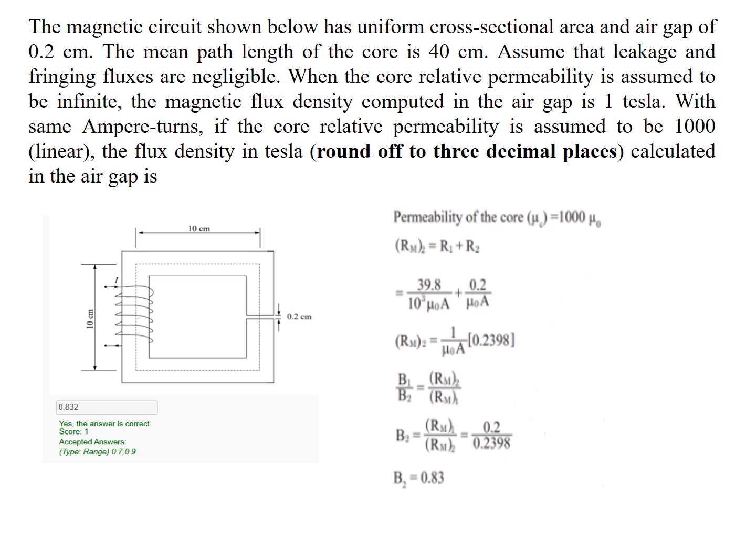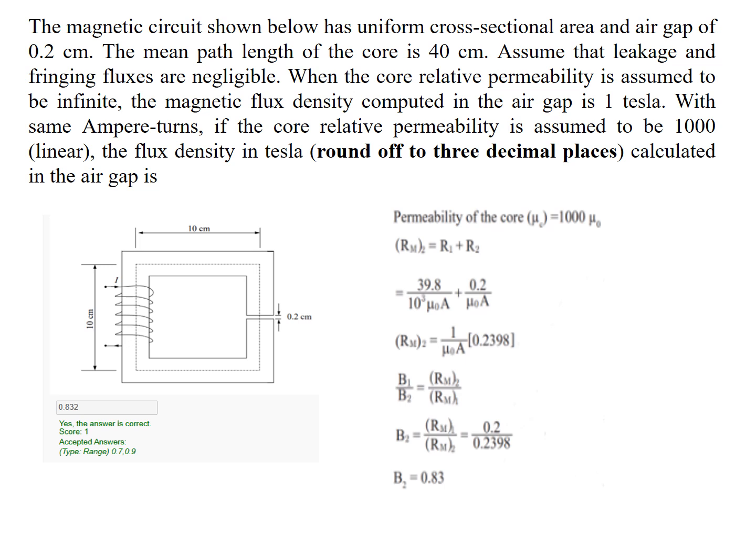With the same ampere turns, if the core relative permeability is assumed to be 1000, let us say linear, the flux density in Tesla, rounded off to 3 decimal places, calculated in the air gap is what? So we have to find out B2 for this particular example.